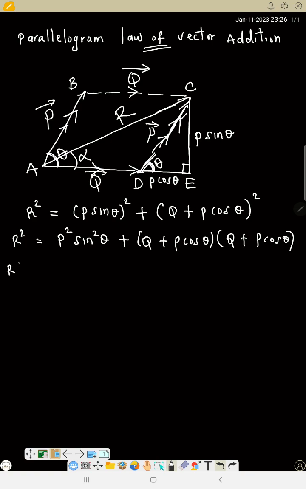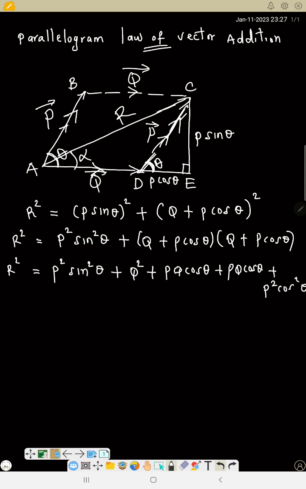So that means r square is equal to p square sin square theta plus, now expand this one, q times q. So that will be q square plus q times p cos theta, that will be pq cos theta, plus this one times q again, that will be pq cos theta. Then plus the last one, p square cos square theta.